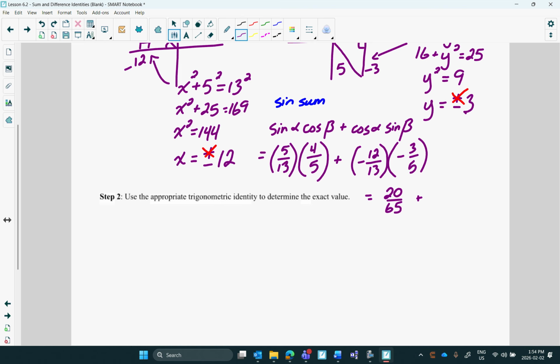The only reason I didn't cancel is because I know I'm going to have two 65s. So negative times negative gives me plus 36/65. Yes, this can be reduced, but then you'd have to go back to common denominators anyway to add them. And when I add these two together, I get 56/65.